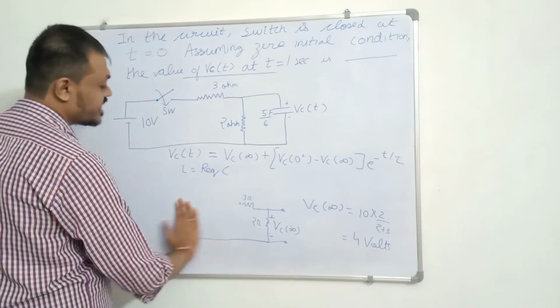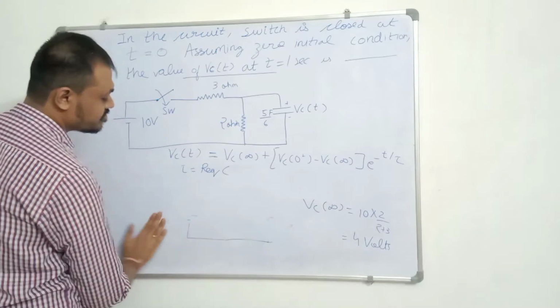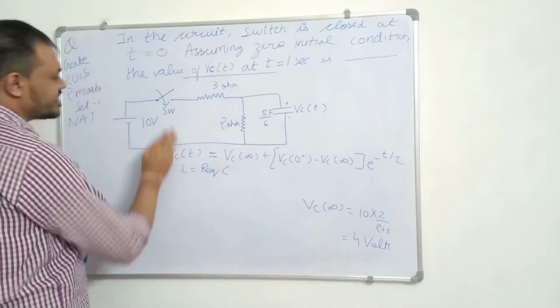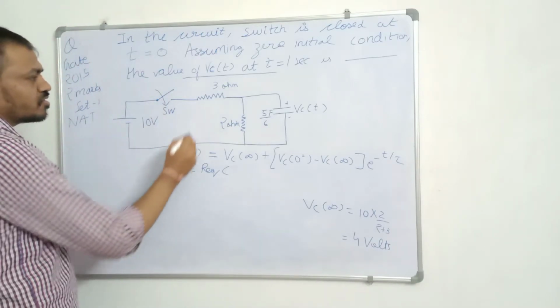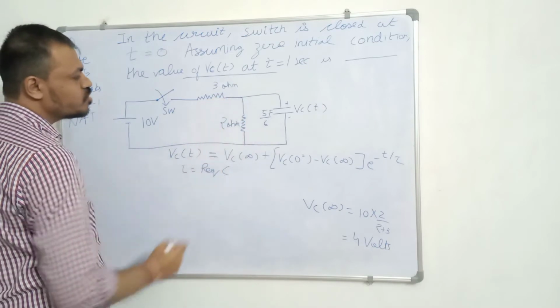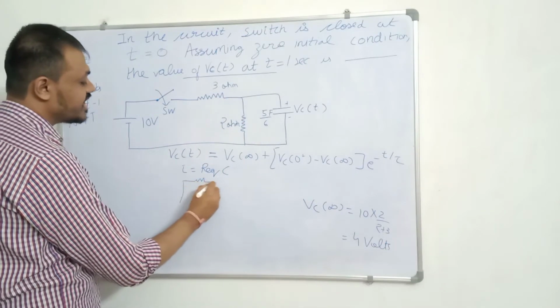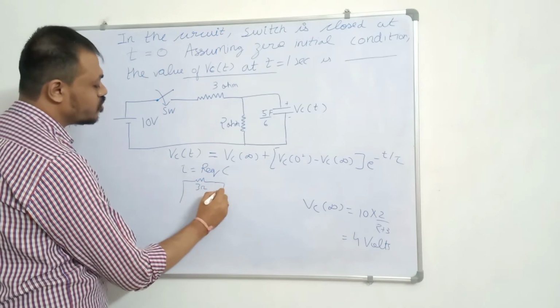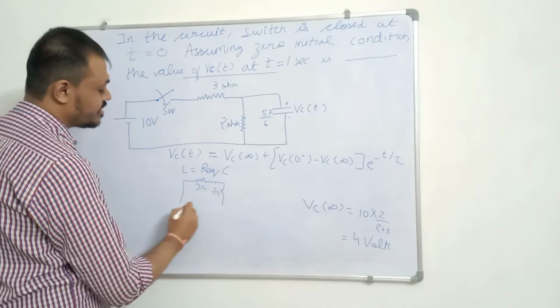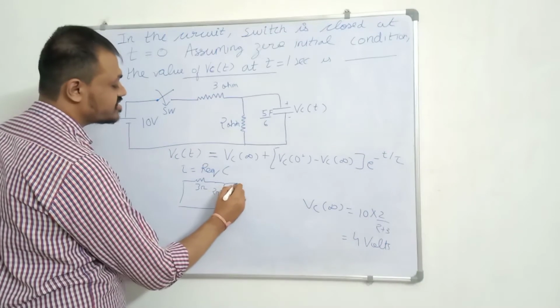When we want to find this equivalent resistance, we short this voltage source. Then this 3 ohm and 2 ohm resistor will appear in parallel across this capacitor.